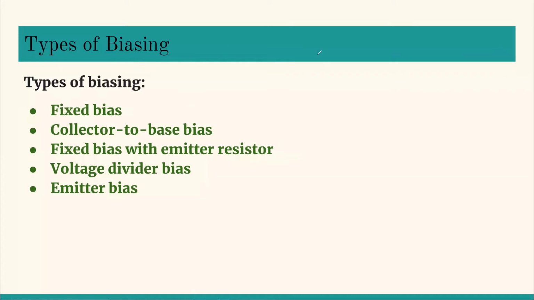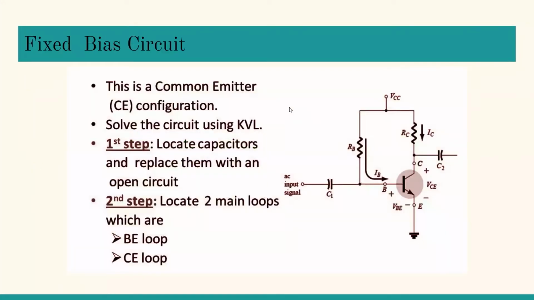Fine. So let us start with the first one, that is fixed bias. Fixed bias circuit. If you can see this circuit towards my right hand side, this is known as a fixed bias circuit. Now, what does a fixed bias circuit do? Why is it known as a fixed bias circuit? As you can see, there is a battery over here.